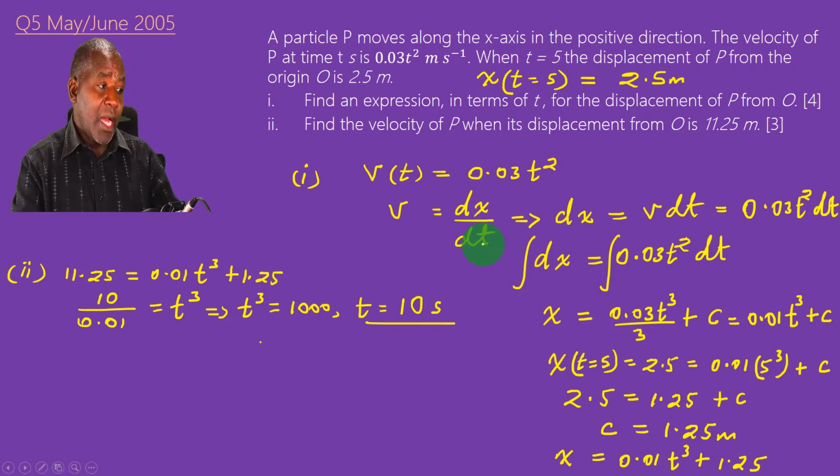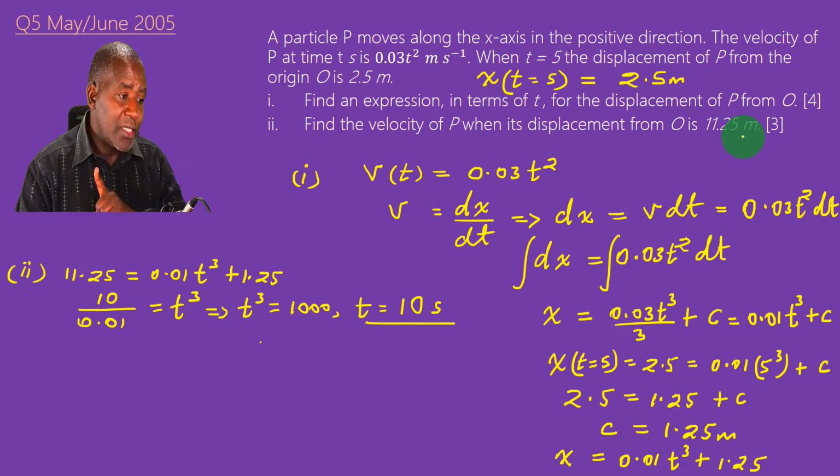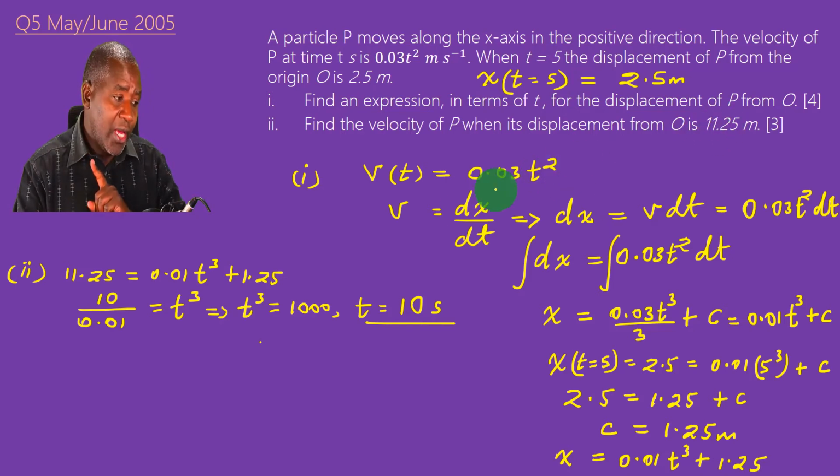Remember, I'm supposed to find the velocity when the displacement is this much. So in order to get the velocity, I need to know the time when the displacement is that much, and I know the time when the displacement is this much.